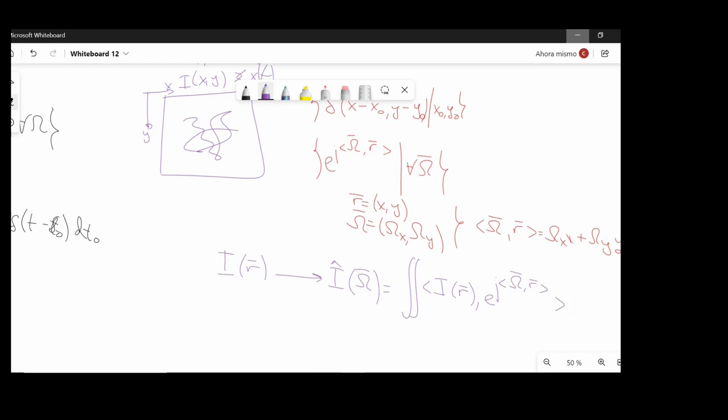I will do it in 2 steps. As before, this is the inner product of R and then my basis.